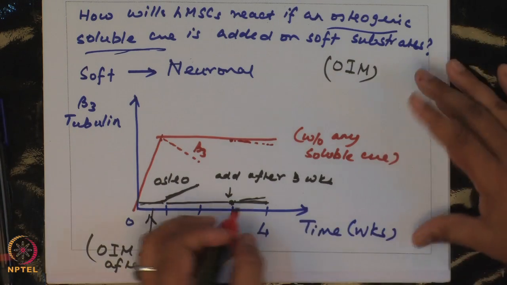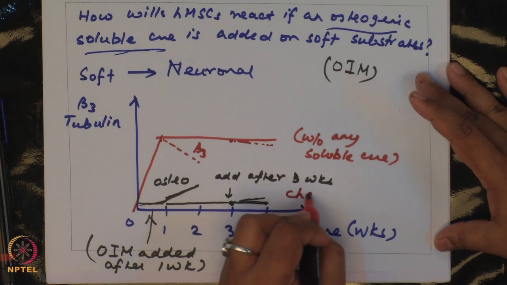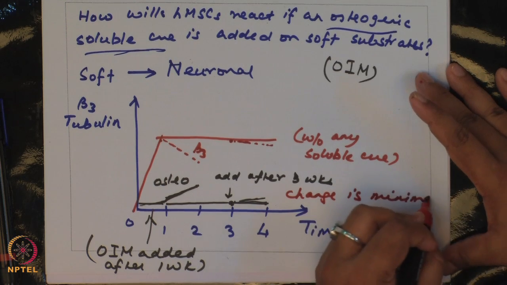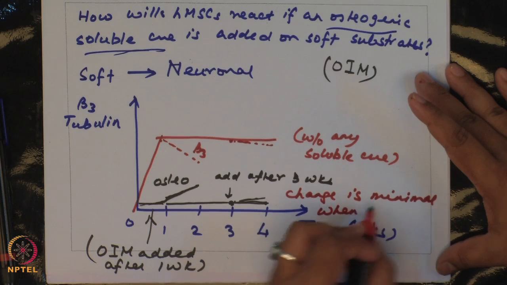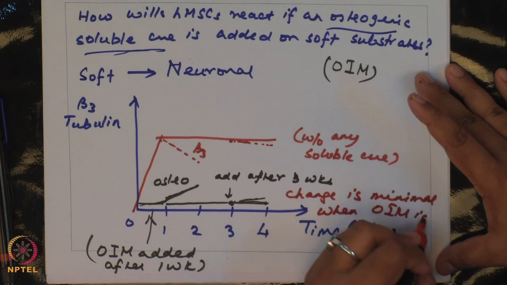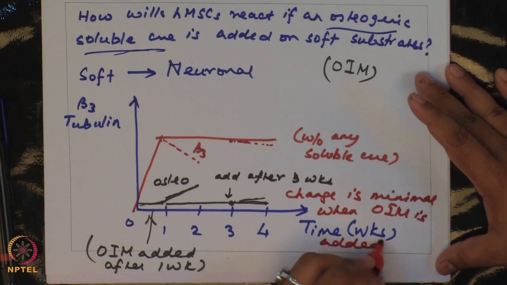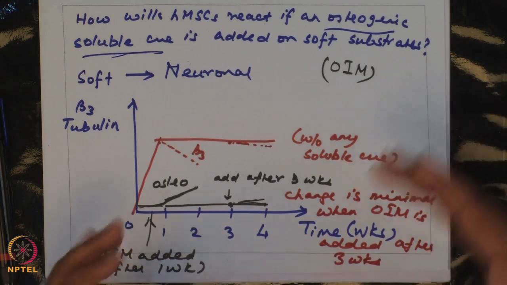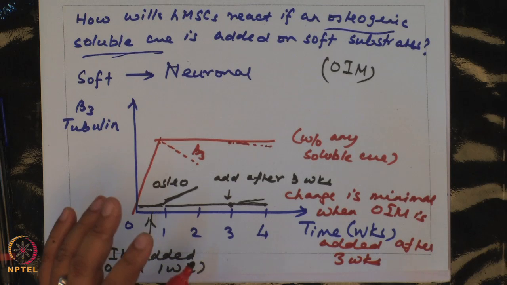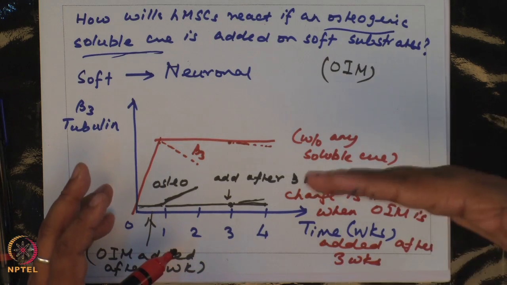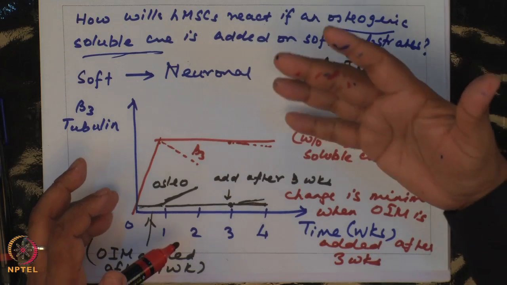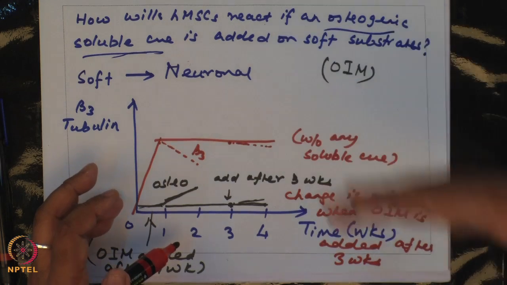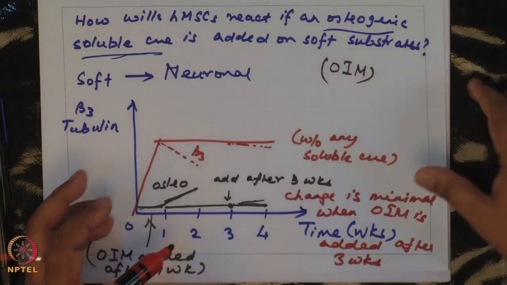So the change is minimal when OIM is added after 3 weeks. This shows that this is a dynamic process. If you mechanically condition the cells for 3 weeks, they are committed enough that an osteo signal is not going to have much of an effect.